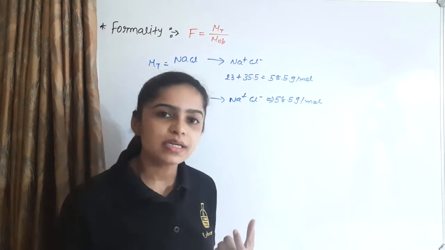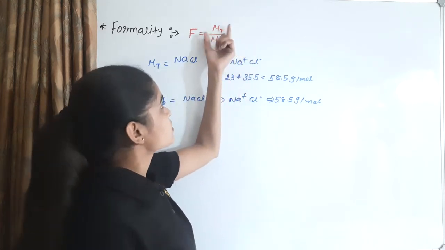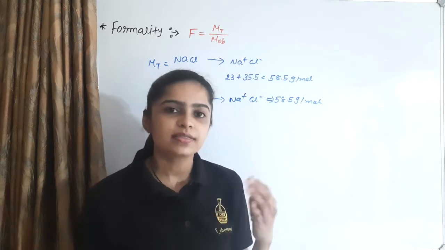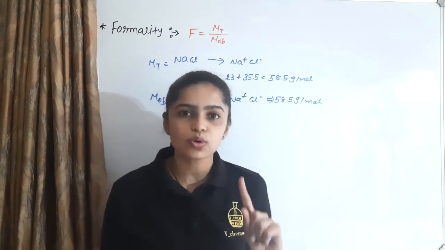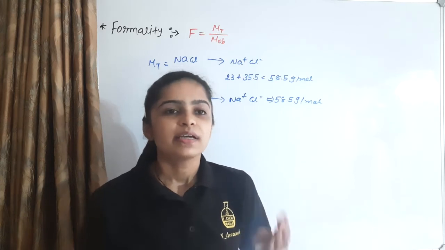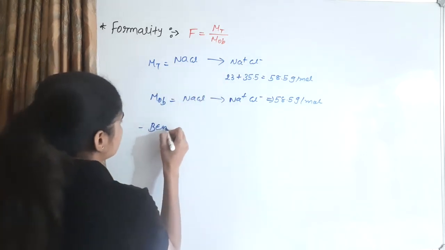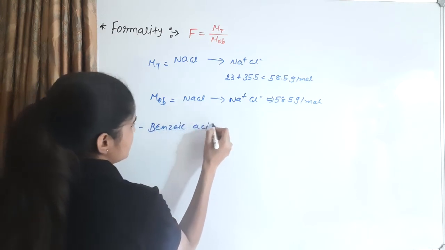That way, in mostly ionic solids, the theoretical molecular mass is equal to the observed molecular mass. Second, the observed molecular mass is also known as the formal mass. The next example we consider is benzoic acid in benzene.